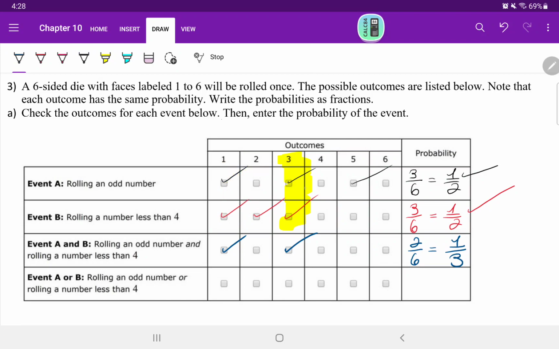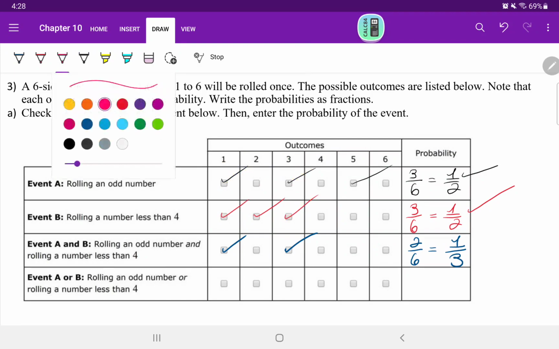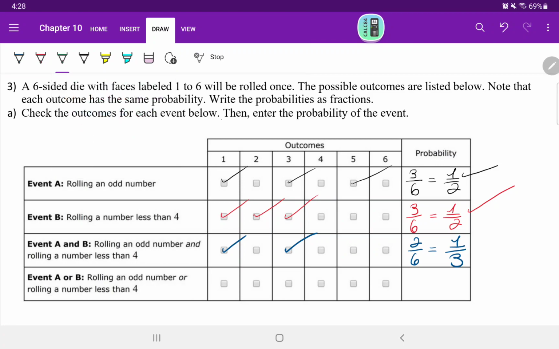Let's reset. Now, event A or B, rolling an odd number or rolling a number that is less than 4. Or means to unite the sets together to make one overall set.